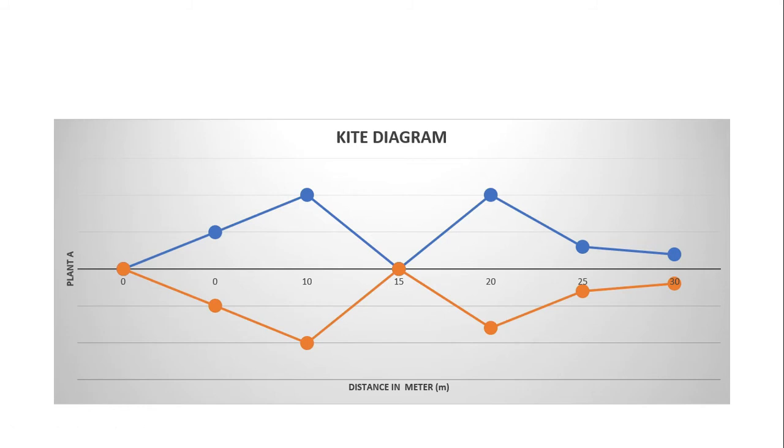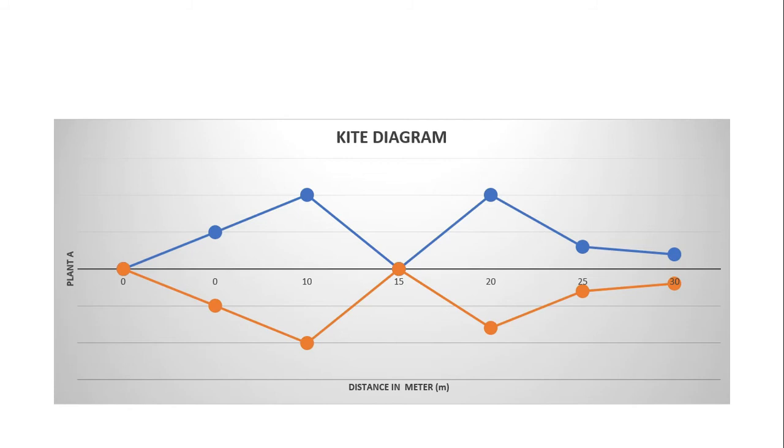Now, what we're seeing happening here is that as we move away from the point called the origin, so we are sampling from this point, and usually we are sampling from a point that is called the origin, as we know pretty well that the distribution of the organisms is going to be affected by biotic or abiotic factors. In most cases, using the line transect, the organisms will be affected by abiotic factors.